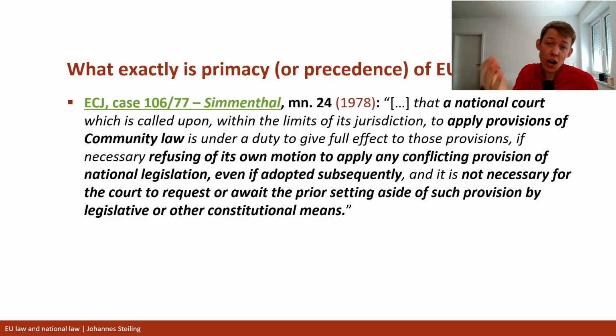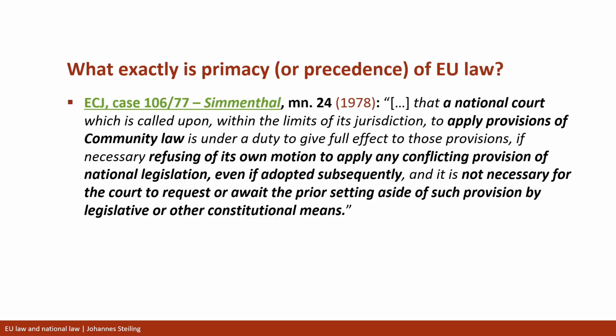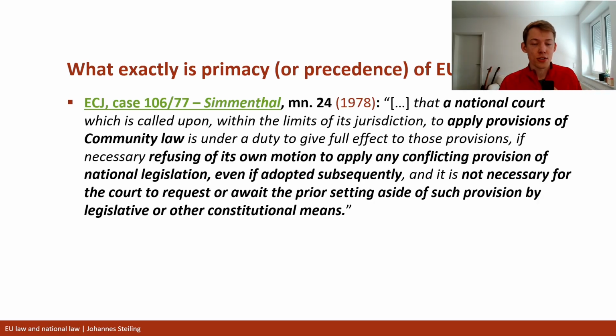Basically the ECJ says this is not true for EU law. So the national court can, of its own motion, without asking the Constitutional Court, any national court, even the lower courts, disapply national law which is in conflict with EU law, even if that law is adopted subsequently.